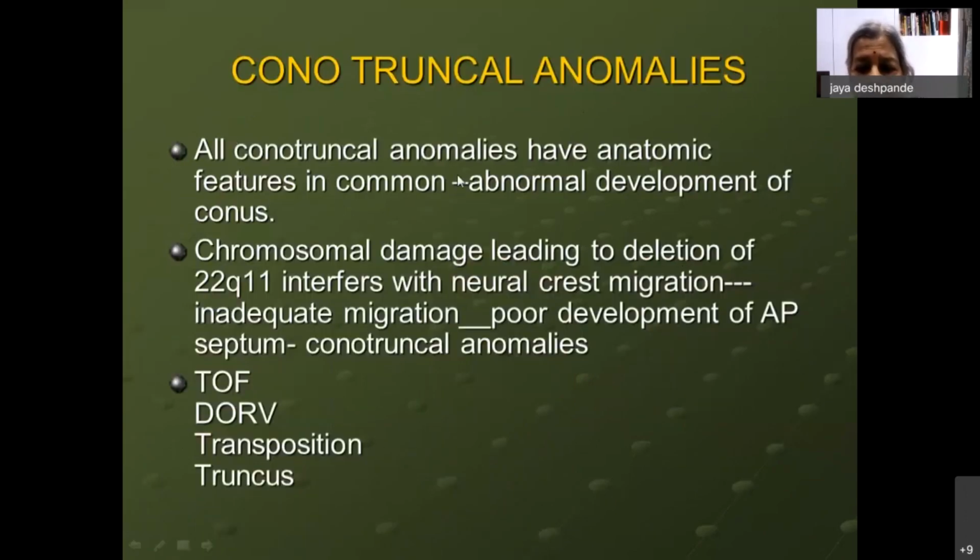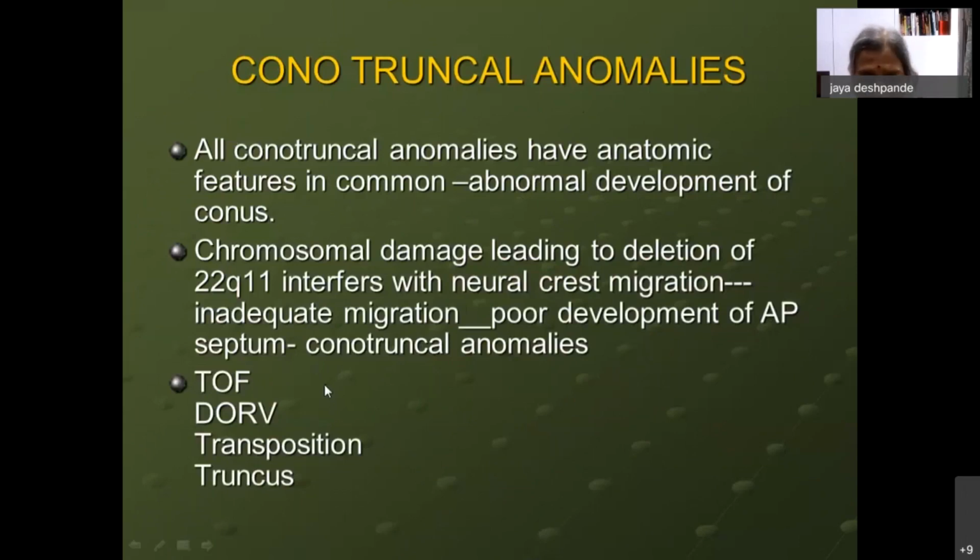So all conotruncal anomalies have anatomic features in common, that is abnormal development of the conus. And this is largely because of chromosomal damage leading to deletion of 22q11 chromosome, which interferes with neural crest migration.